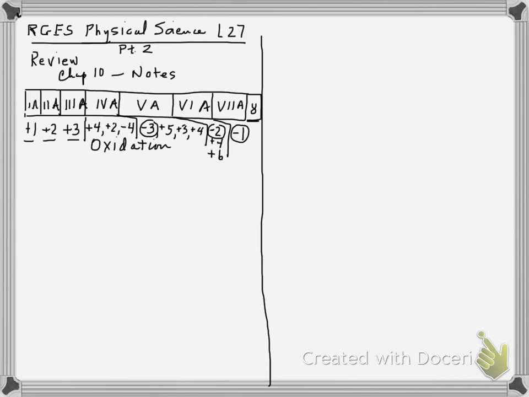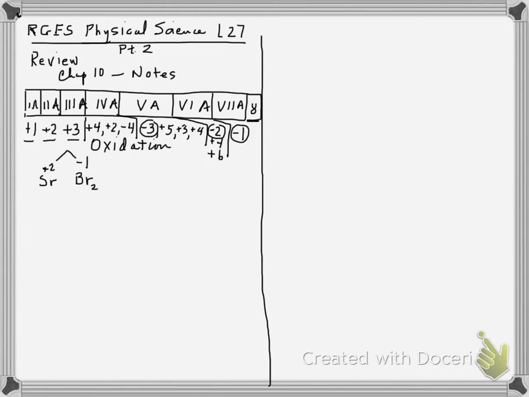So, for instance, if we had Sr, strontium, and strontium is in that second family, and so it's going to have a +2 oxidation number, and you're combining strontium with bromine, and bromine, of course, is a halogen, and it's going to be a -1 oxidation number. So to get the +2 and the -1 to balance and equal 0, we need 2 bromines.